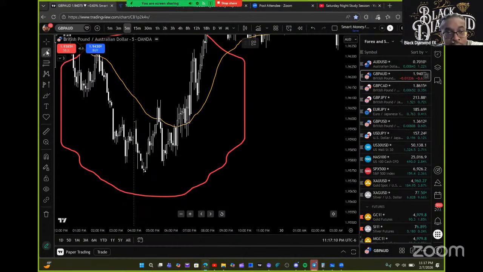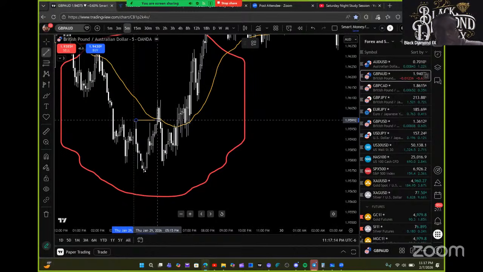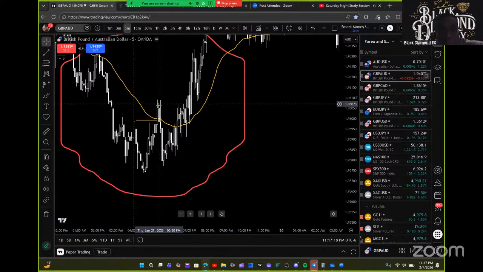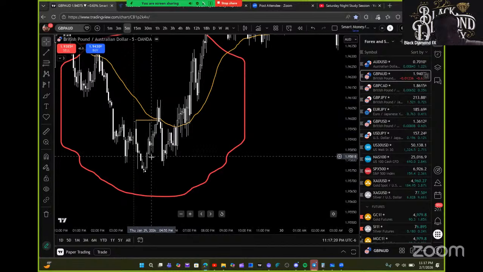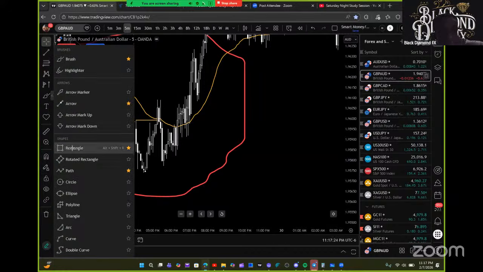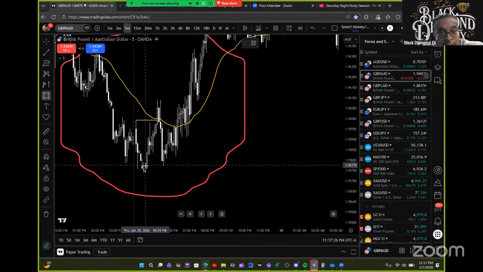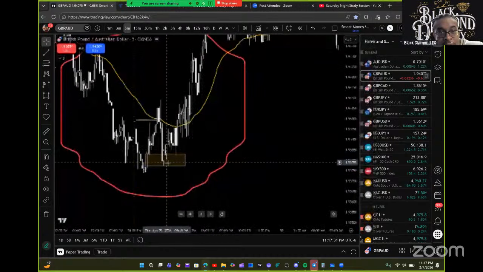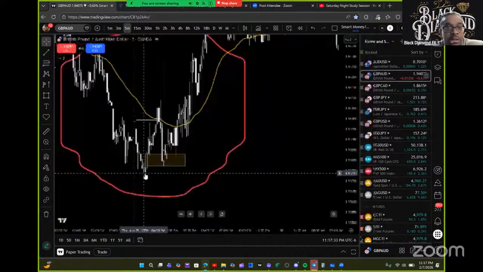Right here. Indication. Boom. We got indication. We got correction down into what? See that fair value gap down here? Right here. Right there. That's your entry right here. And your stop loss is right down here.